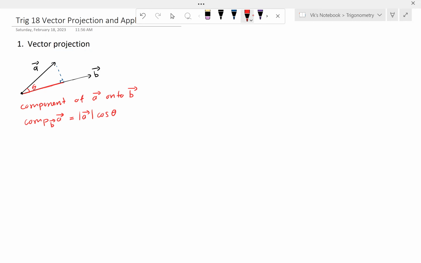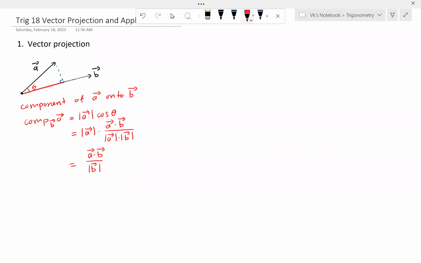And because we know cosine is A dot B over the magnitude of A times the magnitude of B, this becomes the magnitude of A times A dot B over the magnitude of A times the magnitude of B. So which is A dot B over the magnitude of B. See, the dot product is a number.